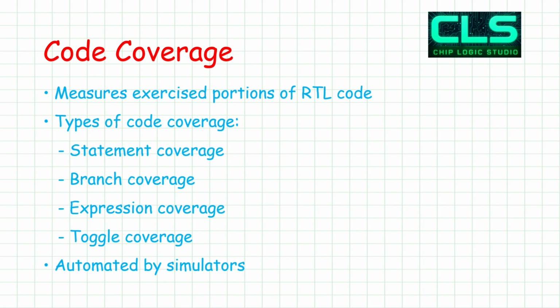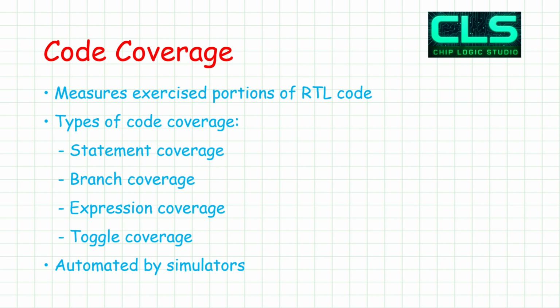So first is our code coverage. Basically code coverage is how much of our code is covered, how many lines of our design code are covered, not the test bench, only RTL code we are speaking of here. The types of code coverage are statement coverage, meaning the number of statements like conditional statements, if else, case, everything, how much is covered.